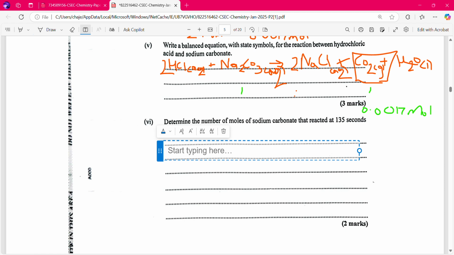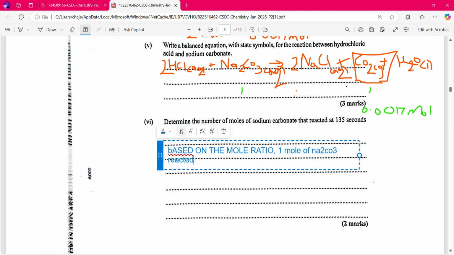Alright, I'm going to start. Based on the mole ratio, 1 mole of Na2CO3 reacted to give 1 mole of CO2.